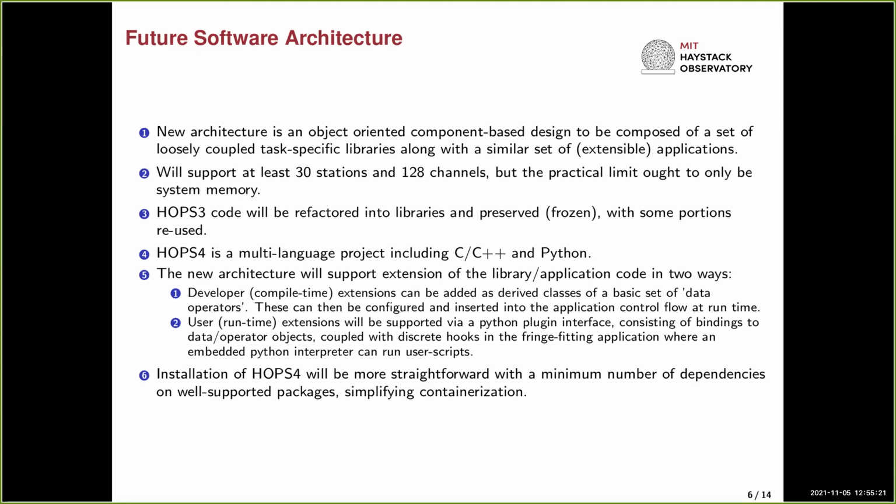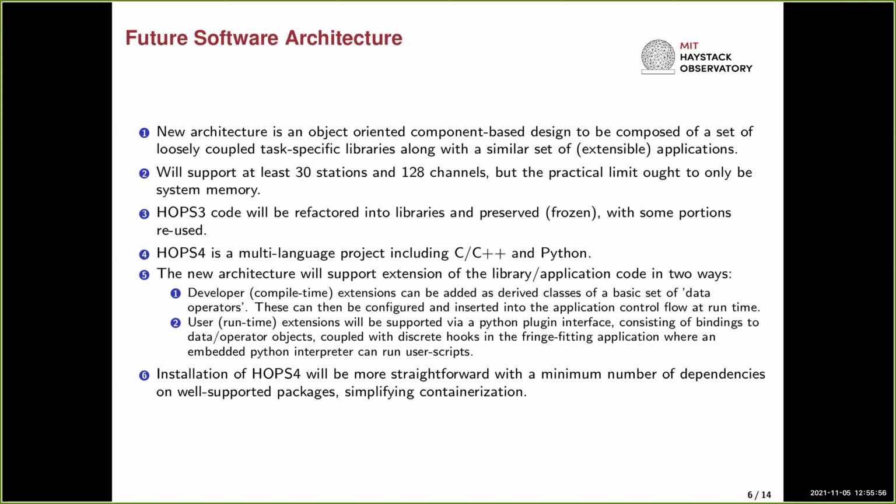The existing software is going to be refactored into libraries, and some portions of that will be reused. But the ongoing HOPS4 project will be a multi-language project that involves the old C code, new C++ code, and Python as well. The primary ways for extending the HOPS4 software as it goes forward will be through developer extensions, compile time extensions, which would be building new data operations that inherit from a common interface, and runtime extensions, which we plan to provide via a Python plugin interface.